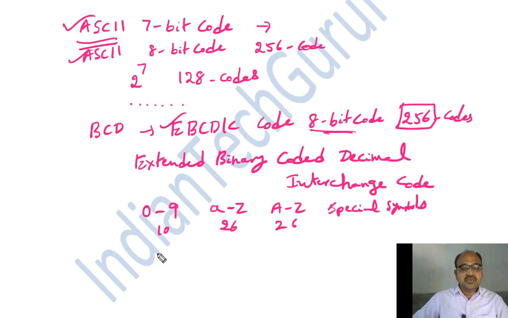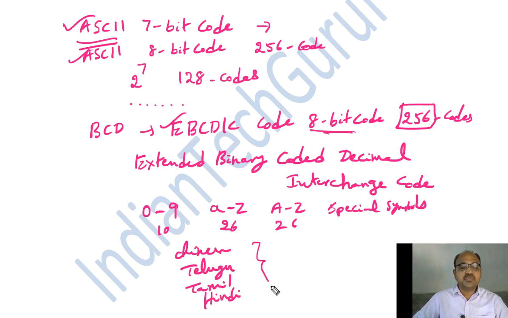However, what about the regional languages? Recently, we were able to represent several regional and international languages in computer systems, such as Chinese, Telugu, Tamil, Hindi, a huge number of languages we need to represent in a computer system.